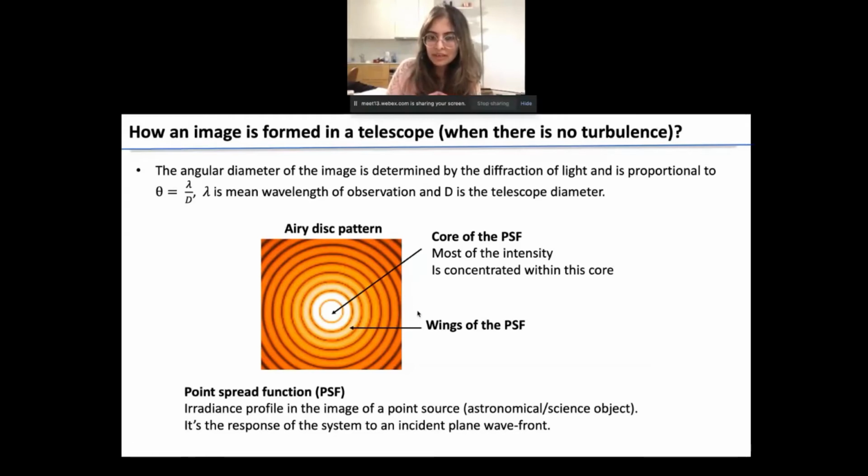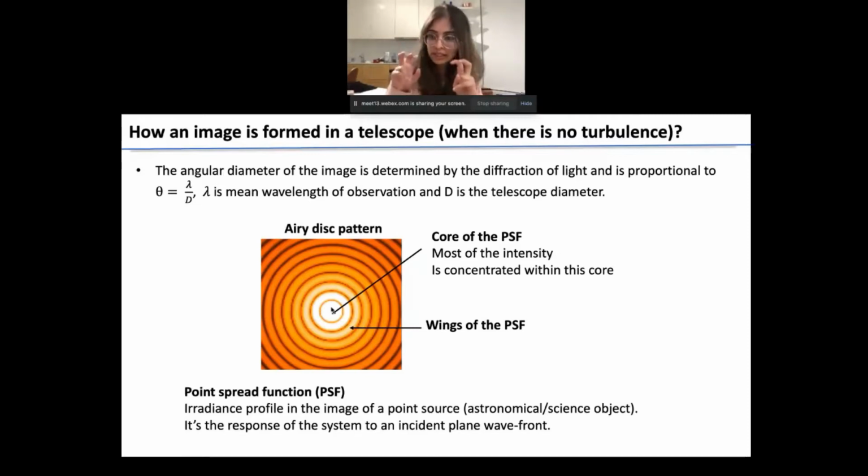The ring pattern that you see in your camera is because of the diffraction. The light bends around the edge of the primary mirror. This is the image of the star, and this is called the point spread function. This is really the response of your telescope, of your system, to a star, right?